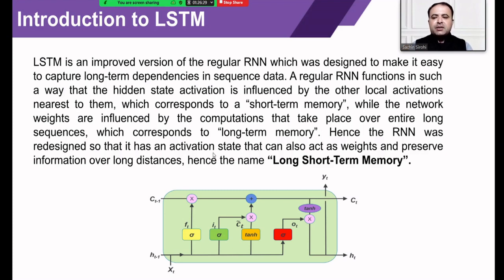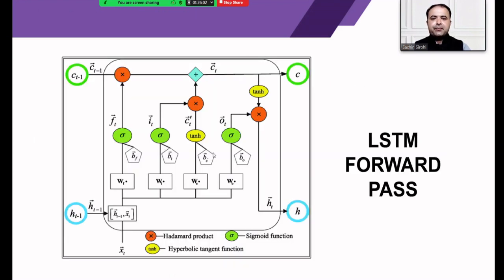Hence, the RNN was redesigned so that it has an activation state that can also act as a weight and preserve information over long distances. Hence the name long short-term memory. So we want to capture long-term dependency, not in a repetitive manner. So LSTM, long-term dependency.